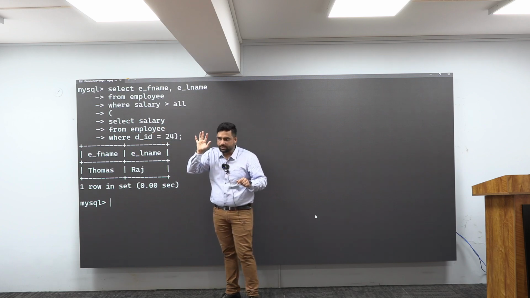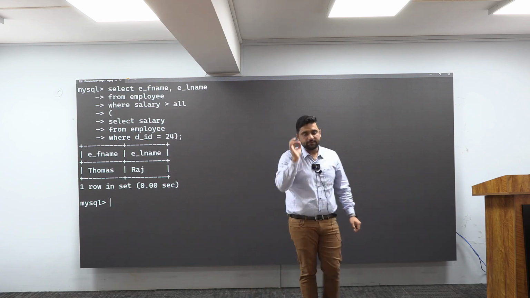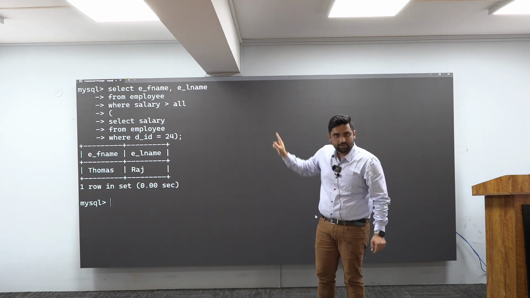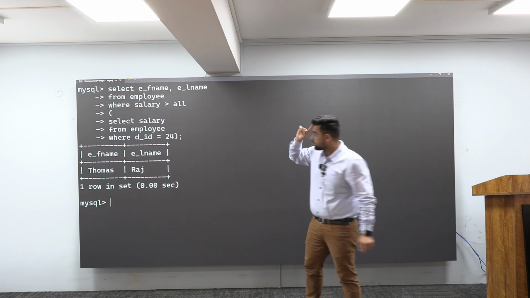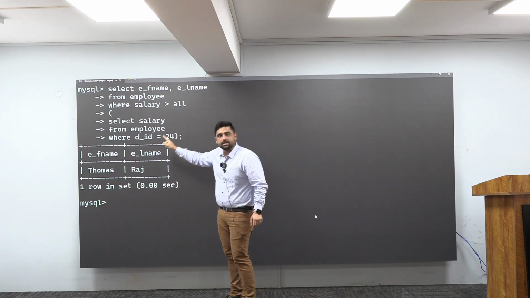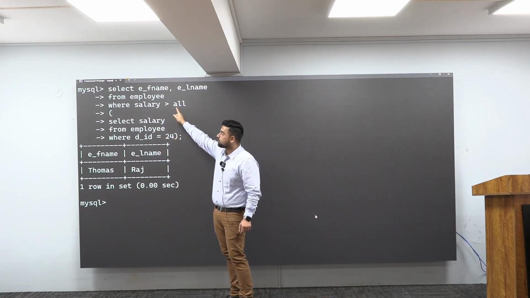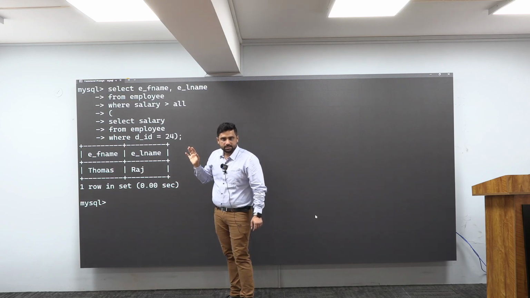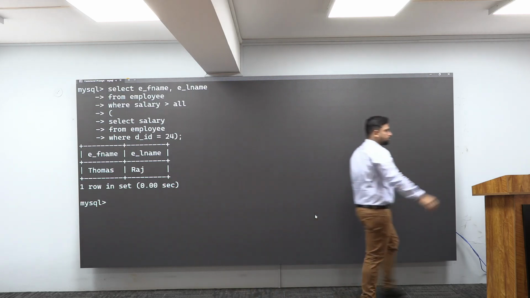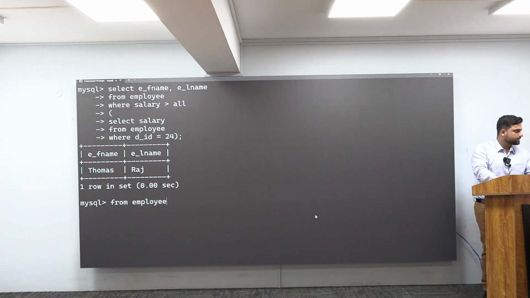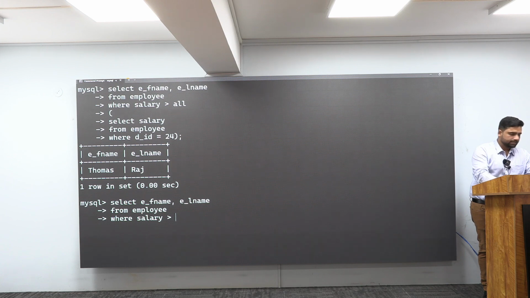Understood? So here it will work if you put the greater than operator, but if your subquery returns multiple rows, that time the greater than operator will not work. Understood, everyone? So like this, if you put here, please focus. What most of them have done here, they put like this.